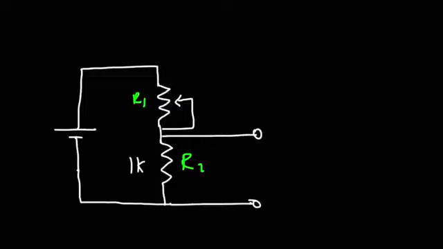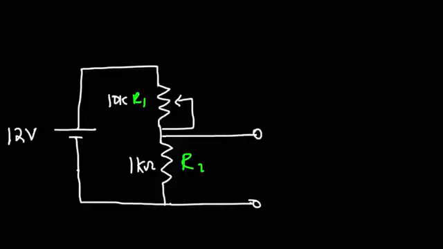So this is one way in which you can do it. So let's say this is R2 and the potentiometer is R1. Let's say R2 is a 1 kilo ohm resistor and R1 is, let's make it a 10 kilo ohm resistor.